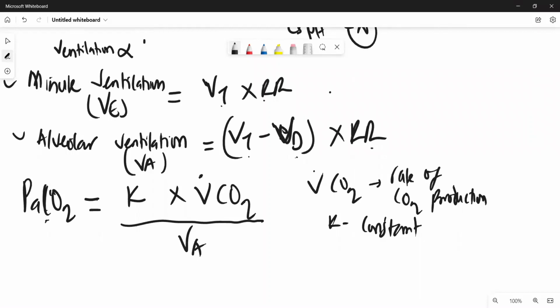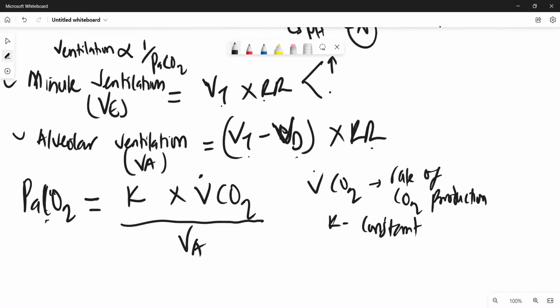So there's an inverse relationship between ventilation and our PaCO2, the carbon dioxide. If the ventilation is high, that means we're blowing out a lot of CO2, so the partial pressure of CO2 will be low in the blood. But if the ventilation is low, that means the patient is retaining a lot of CO2. They are not getting rid of those CO2, so the CO2 in their blood will be high.